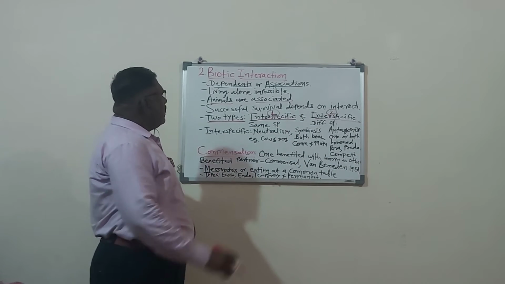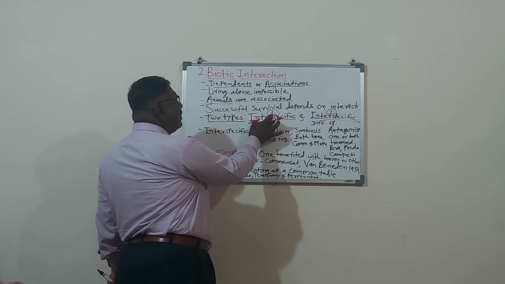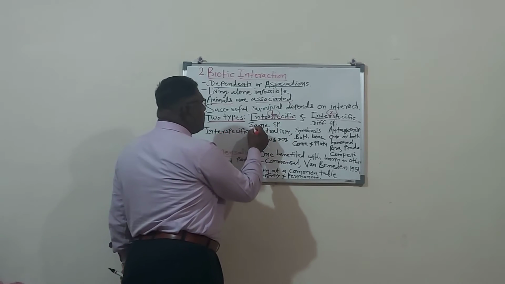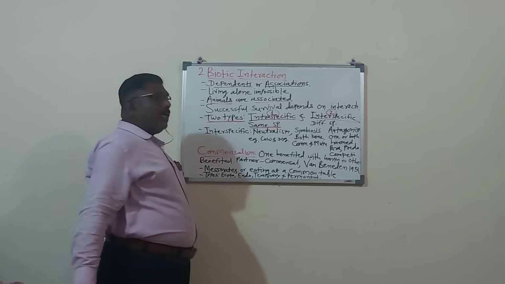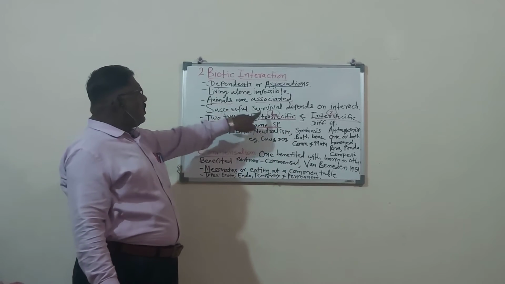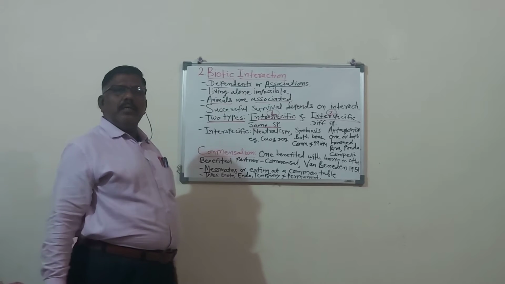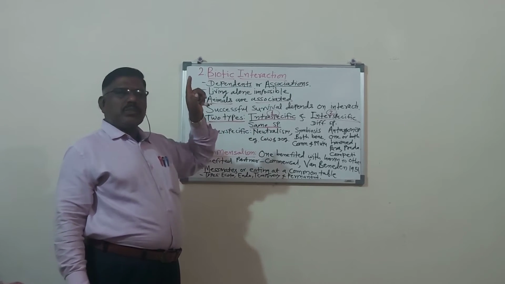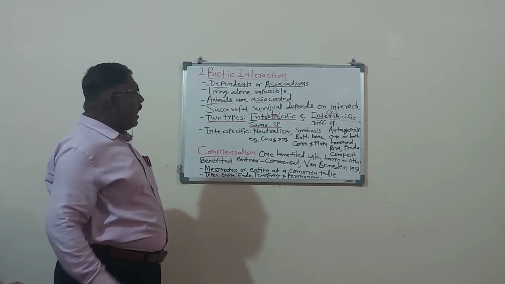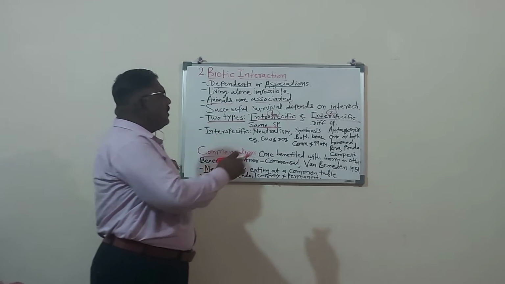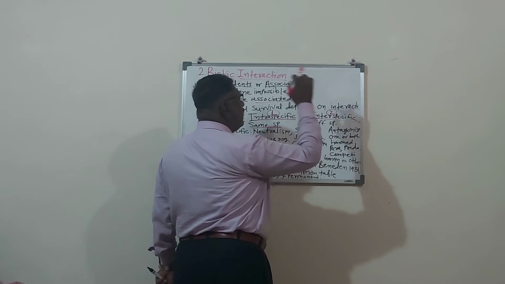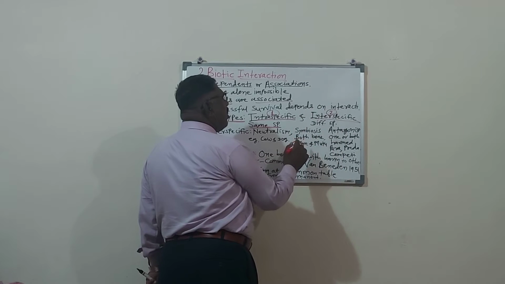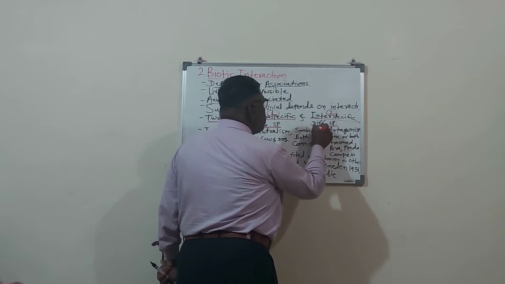In intraspecific interaction, there is interaction between the same species. Interaction between the same or similar species is called intraspecific interaction. Another type is interspecific interaction, which is association or dependence between different species.